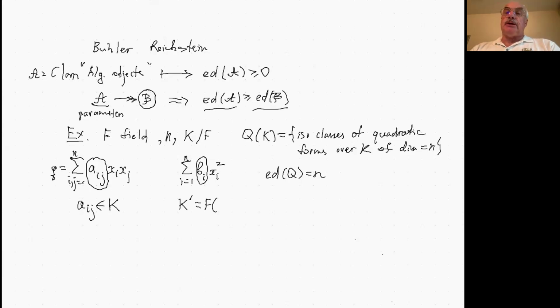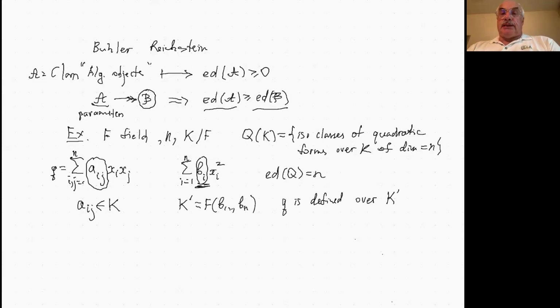And we can say that Q is defined over that smaller field K prime, because those diagonal terms belong to K prime.